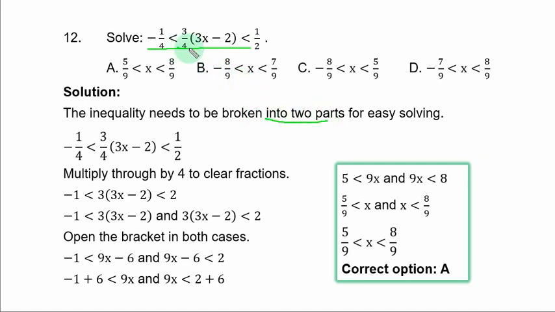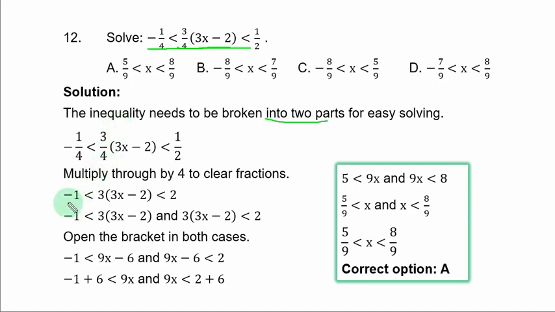The middle term is the link between the first and third term. So the first and second term will form one inequality, then the second and the third term the same thing. But before then, let's try and clear the fractions. So multiply through by 4 to clear fractions.